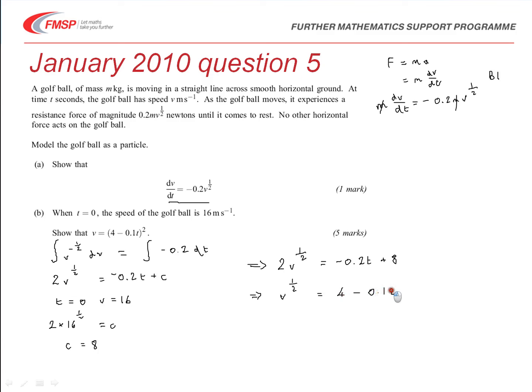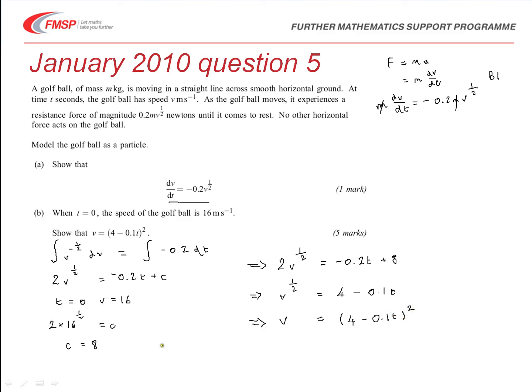And that gives us 4 minus 0.1 t, and then we can square both sides to give us the required result.